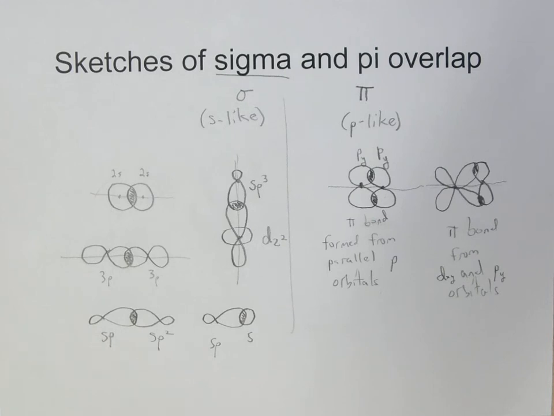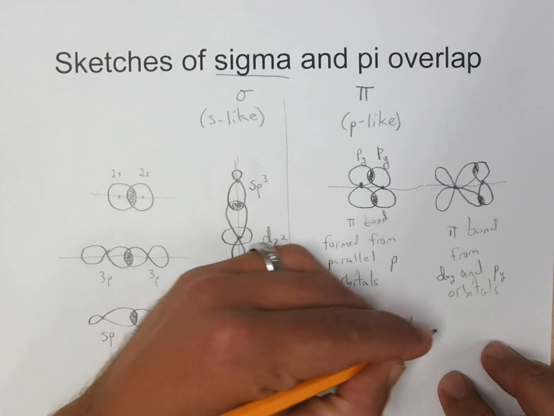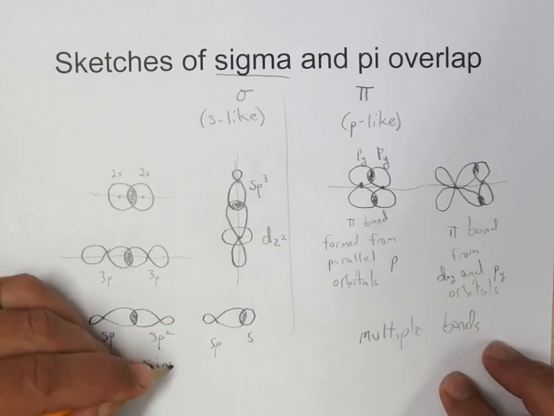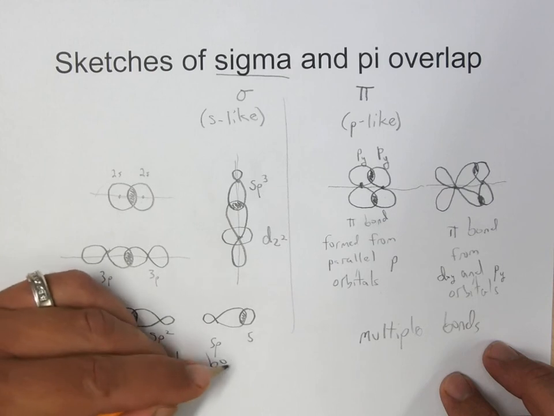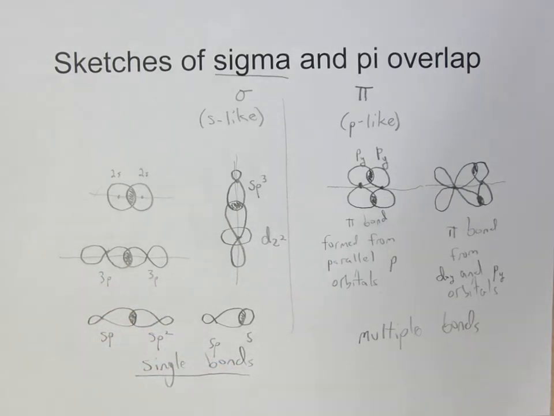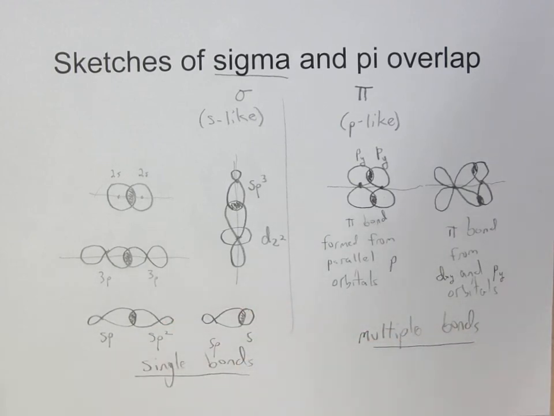So sigma bonds are for single bonds, and pi bonds are for multiple bonds. You'll see that quite frequently: these are going to be the multiple bonds, and these will be the single bonds. So the sigma framework is the single bond network that holds a molecule together, and any additional bonds are going to come from the pi overlaps.